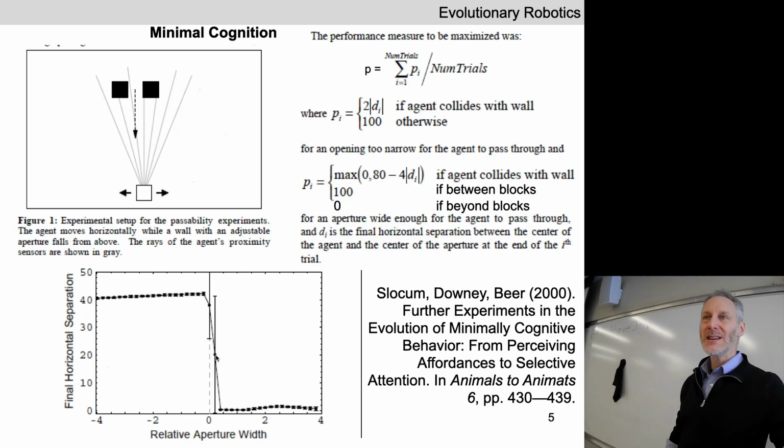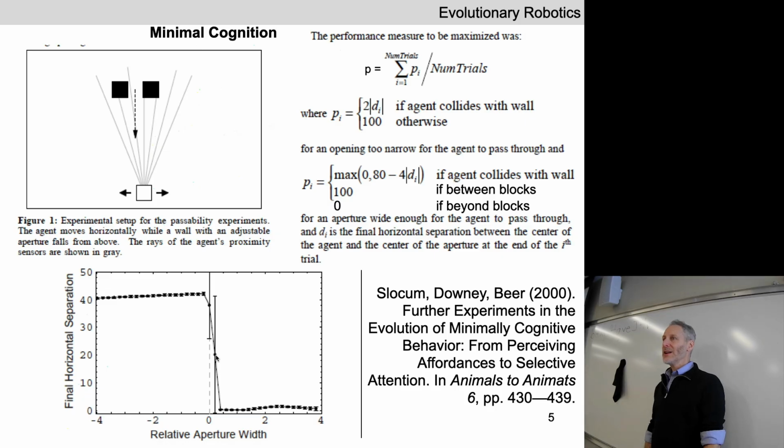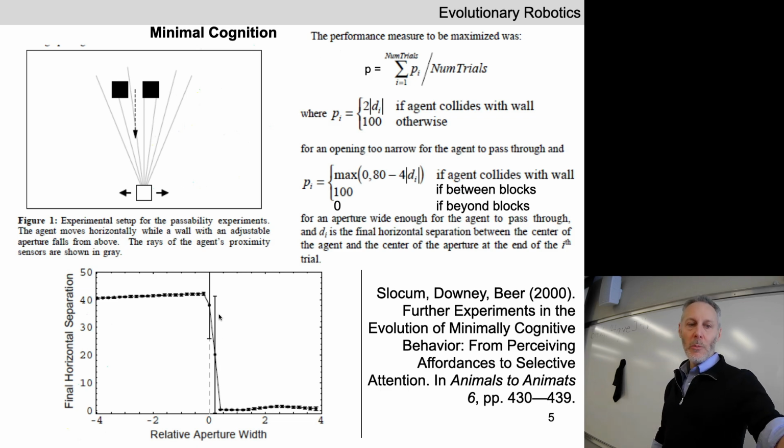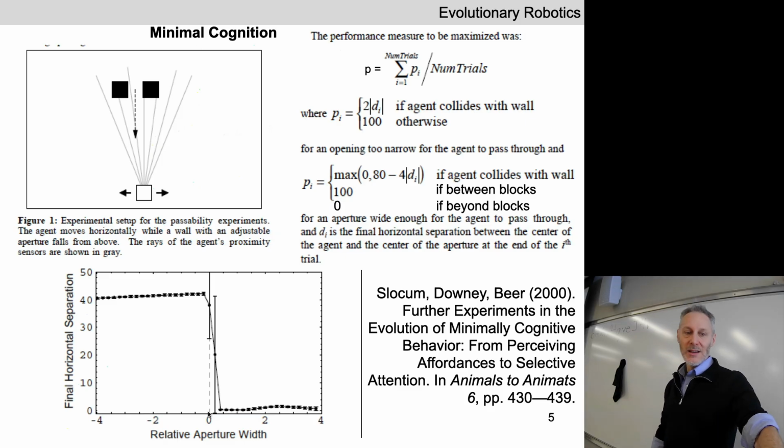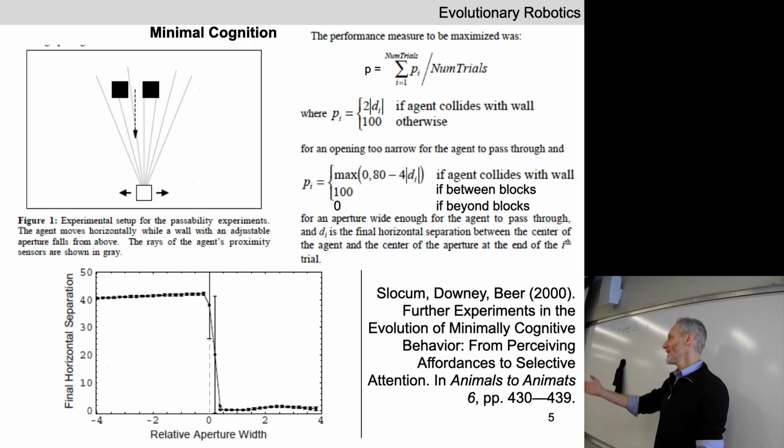So at this point here, this is kind of tricky, right? The gap in reality is passable, but just by a little bit. Sometimes the robot runs away and the final horizontal separation is large, and sometimes it says, I'm going for it. And it does it. Sometimes not. Sometimes it gets hit.